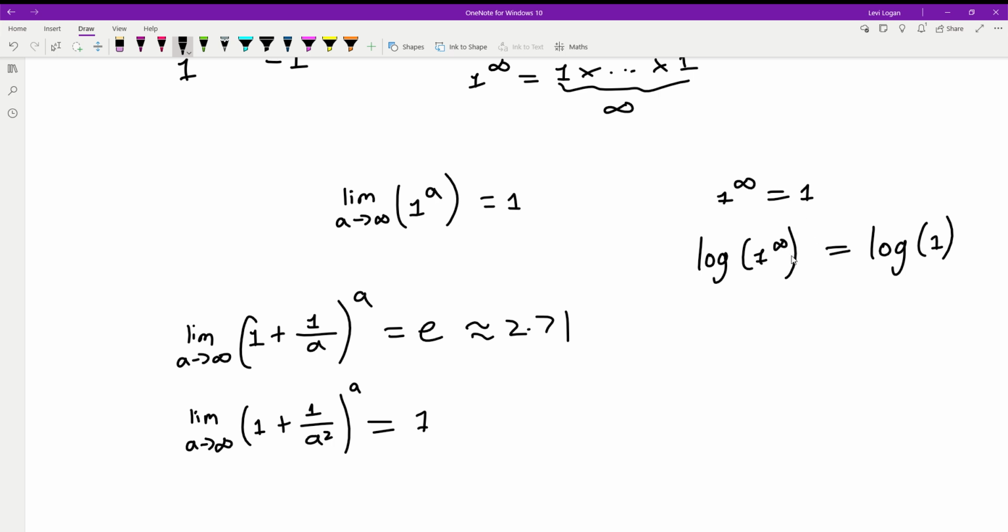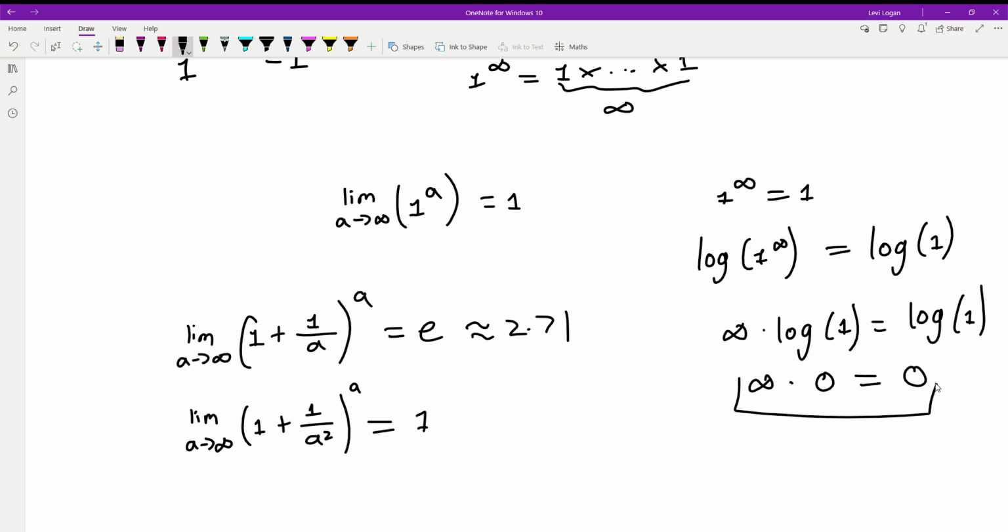But let's say we could. What we could technically do is bring the power to the front. So we have infinity times log of 1 equals log of 1. Now, log of 1 is 0, so this side is technically infinity times 0 equals 0. This is undefined. It doesn't work at all.